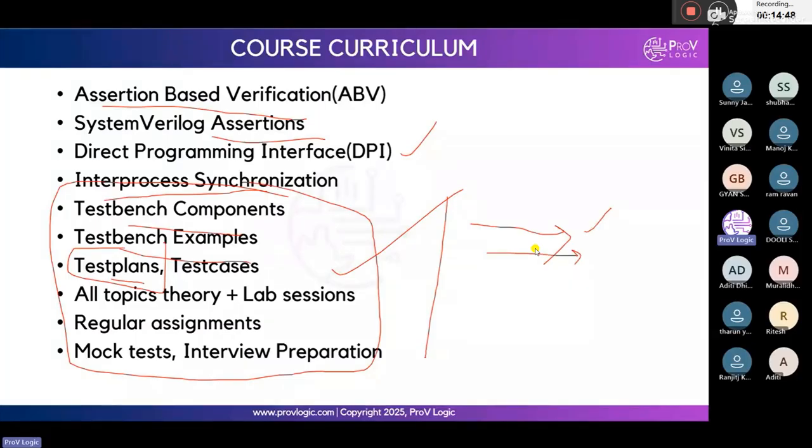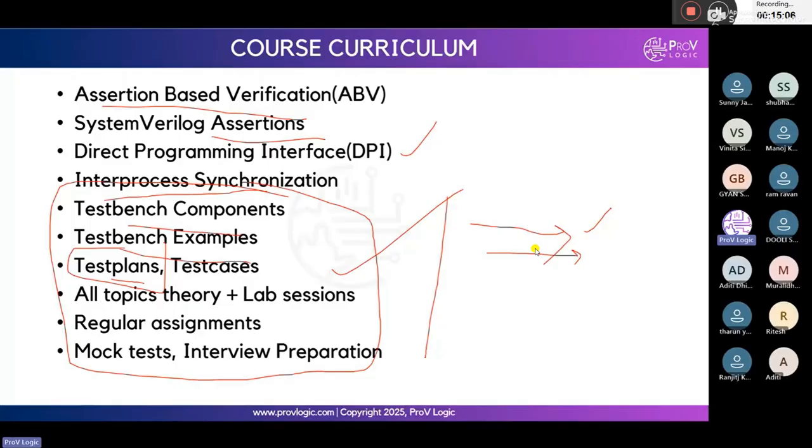What functionality we are going to verify using the test case. That's what the test plan. And the details of the test cases will be there, like test ID number, or which suite it is related to, or which functional block it is related to.